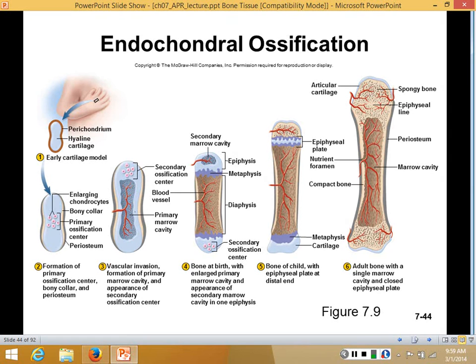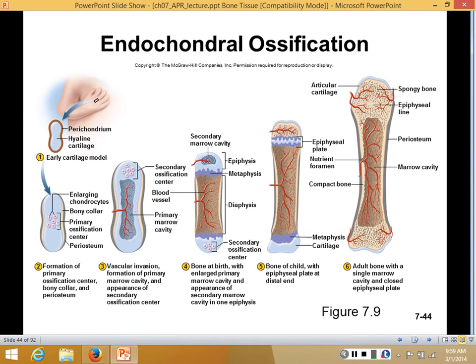Now, this is what an adult bone looks like. Now the bone has stopped growing. We're in our 20s. You're 20 years old. The bone has stopped growing. Okay? And, of course, this is what it looks like. Now, you've got all of these features here. You've got your spongy bone. You've got your blood vessels, the little hole, the nutrient foramina, the spongy bone at the other end.